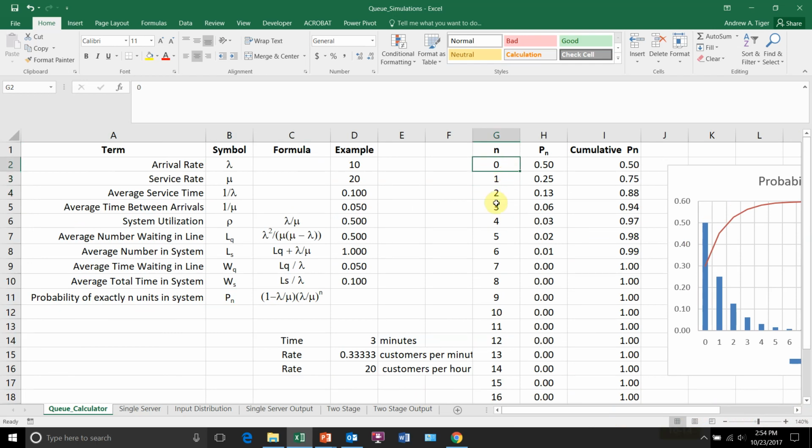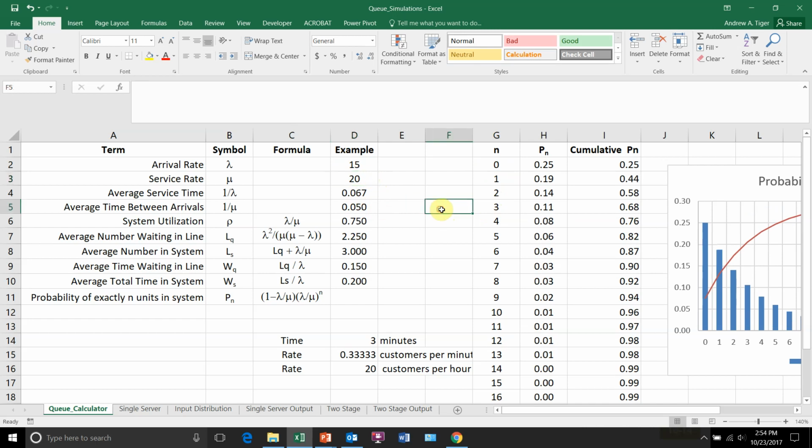The probability of 0 is when the system is idle, meaning there's nobody in the system. So if I have people show up 15 per hour and I can process people 20 per hour, then the probability that there's no one in the system is 25%. That means that 25% of the time when a customer shows up, he doesn't have to wait in line.